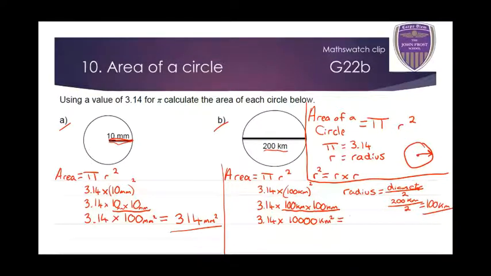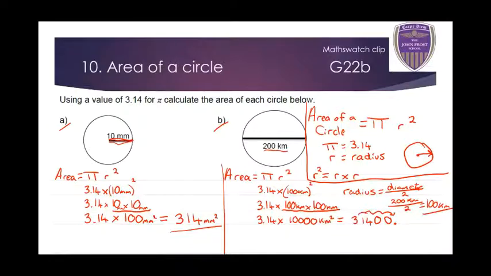To do this, we start off by writing 3.14. We count how many zeros are in 10,000. There's 1, 2, 3, 4 zeros. So I need to bounce the decimal point 4 times. So 1, 2, 3, 4. Decimal point goes there. Draw a 0 under every arch. Get rid of the old decimal point. Oh, and the 3.